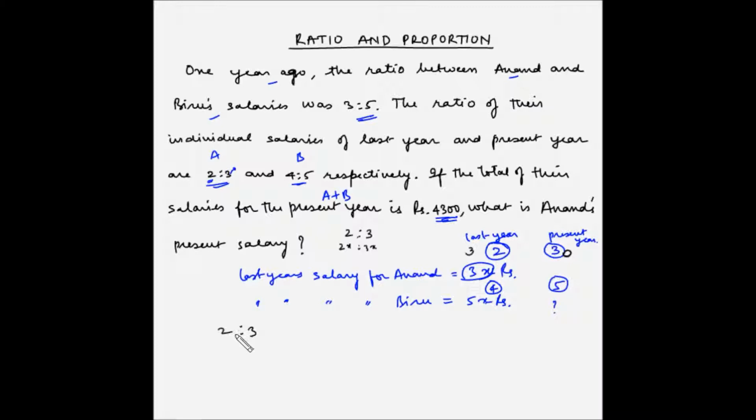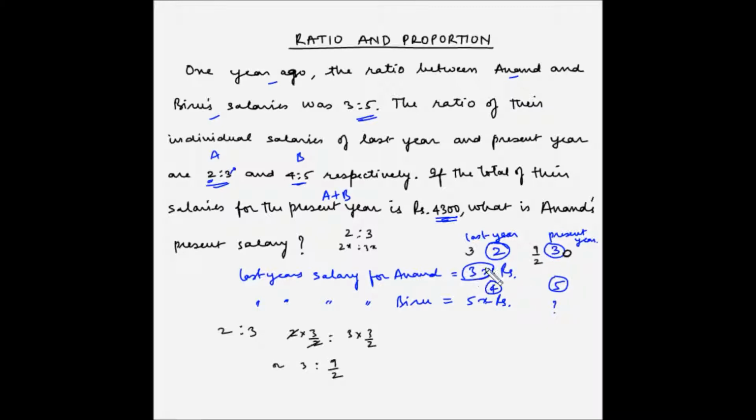Now both the numbers are multiplied by 3 divided by 2. So 2 into 3 divided by 2 is to 3 into 3 divided by 2. So 2 gets cancelled with this 2, so 3 is 2, 3 3s are 9 by 2. So this becomes 3 and this becomes 9 by 2.